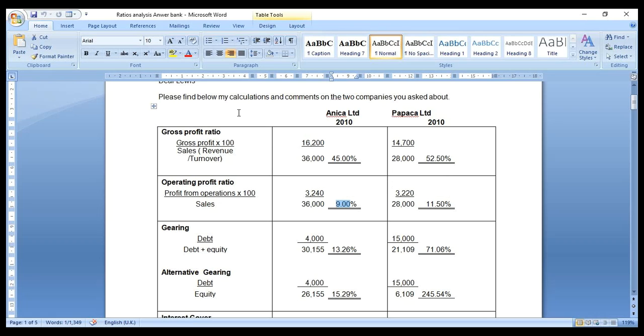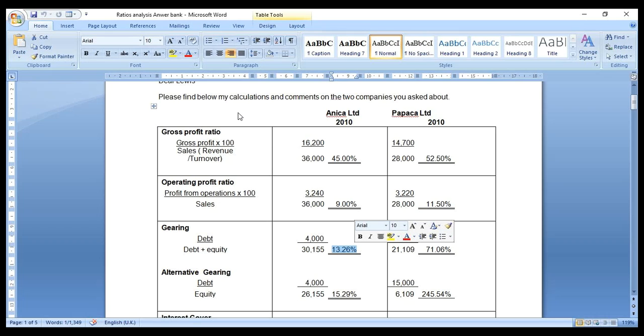Next we have the gearing ratio. Gearing means if you drive in a high gear, it's high risk, high debt. So debt divided by debt plus equity. Equity means shares. Debt means you're borrowing, debt financing, a loan from the bank. So 4,000 divided by this comes to 13% gearing.